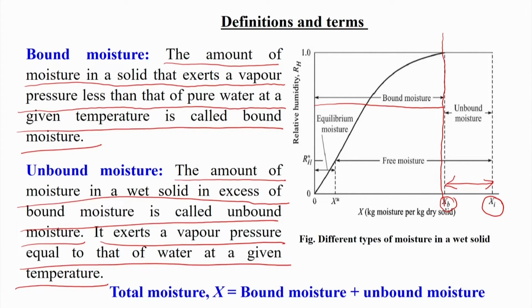When the vapor pressure of the water inside the wet solid becomes equal to that of water vapor at that temperature and pressure, this excess amount of moisture over the bound moisture is regarded as unbound moisture.